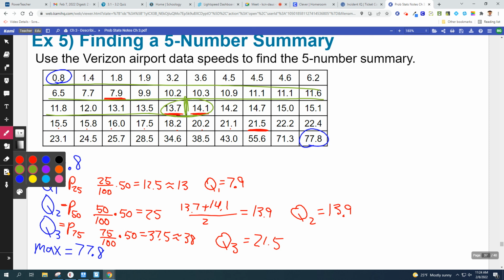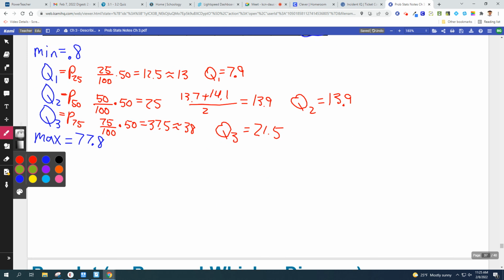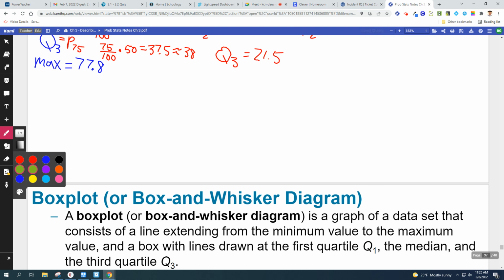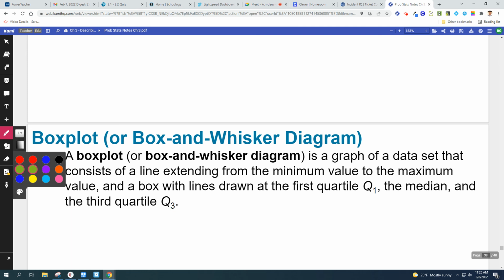You find the middle of those, and that's Q1. And then the upper half of numbers is going to be these. You find the middle of the upper half. You're just finding medians is all you're doing. If you laid them all out in a row, it might be easier to do. So Q1, 2, and 3 is the same thing as P25, P50, P75, but you're finding those 3 medians.